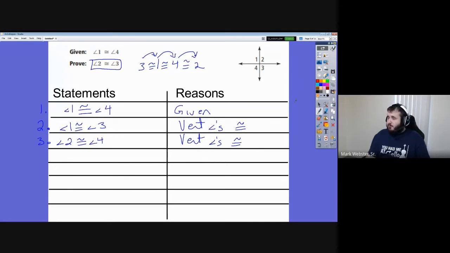So look, the transitive property allows me to say that I can skip one guy, right? I know that angle 3 is congruent to angle 1. I know that angle 1 is congruent to angle 4. That's these first two, right? So what I can say is I can skip straight from 3 to 4 and get rid of 1 now, right?